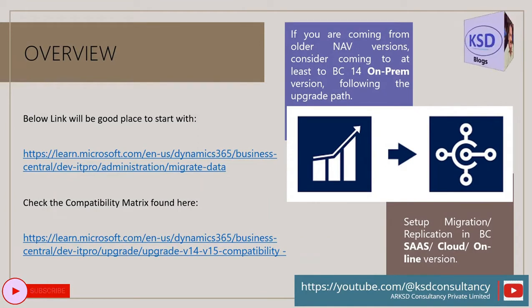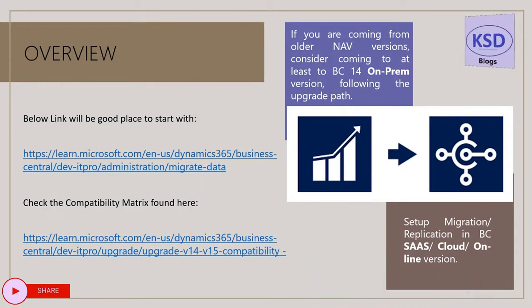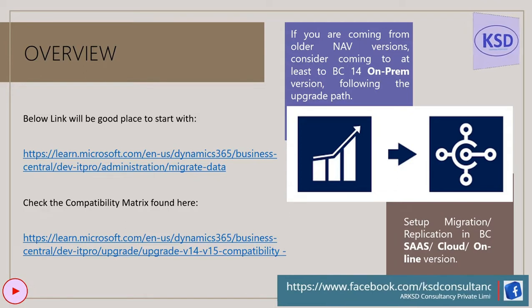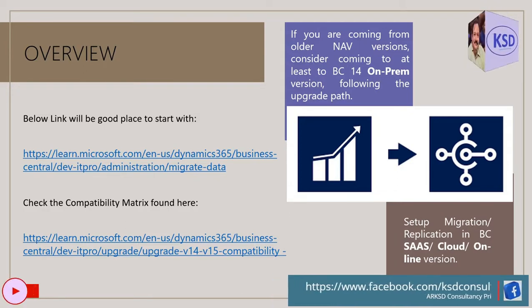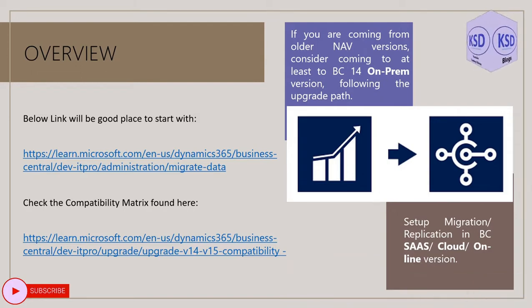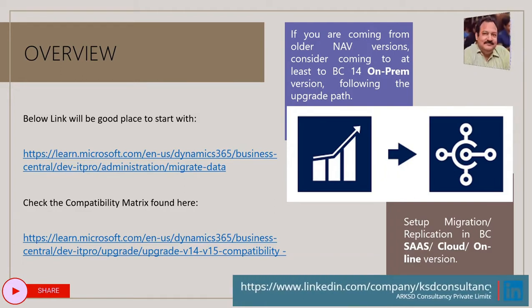Here I have provided two links. One is for the compatibility matrix, which shows from which version you can move to which version, and whether there is a direct route or you will have to hop between some other versions to reach your final destination.